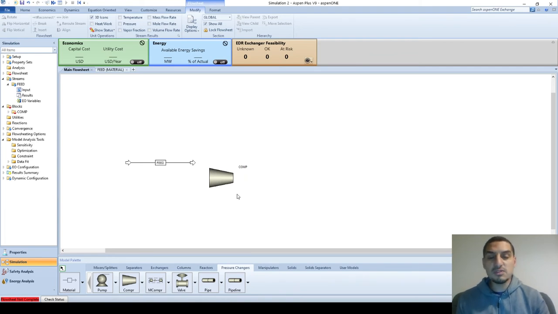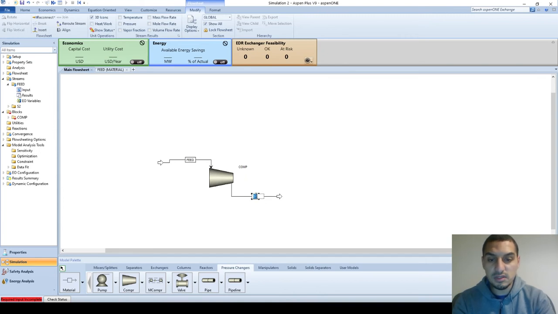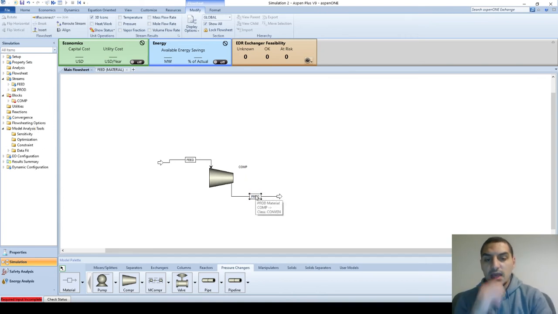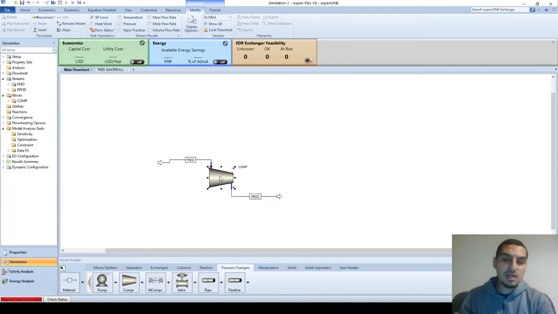So I'm squeezing it and I'm reducing its volume, so it's going from the wide area and coming out of the small area. So I'm gonna connect the feed stream here and connect the product stream here. And let's see what will happen when we open the compressor.